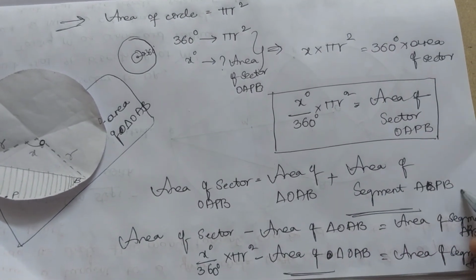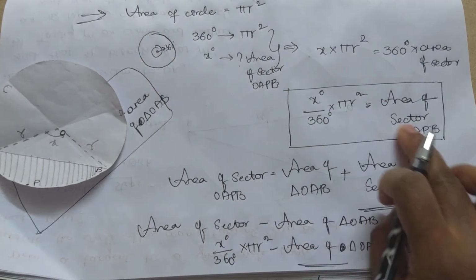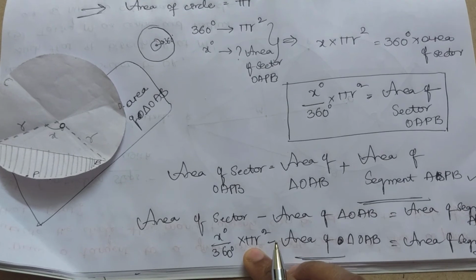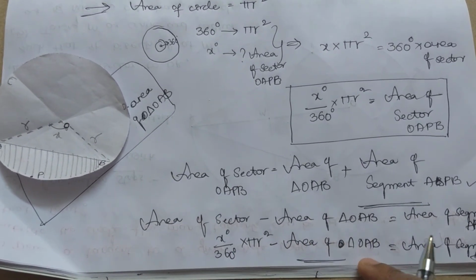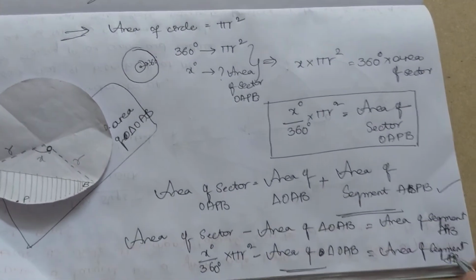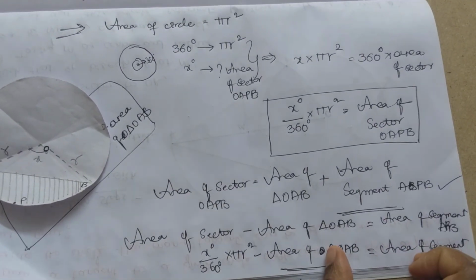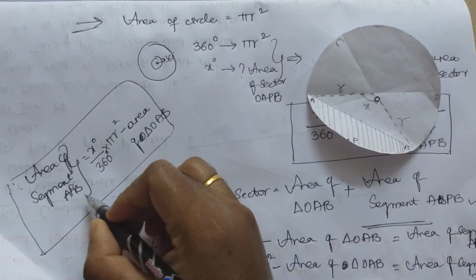Clear? Based on this, x by 360 into pi r square minus area of triangle OAB equals area of segment APB. This is the formula derivation, so we just got the area of segment APB formula.